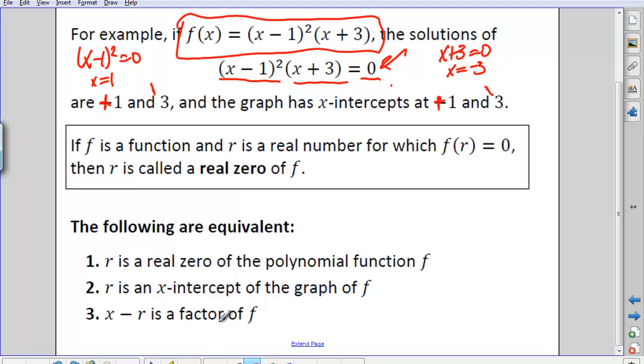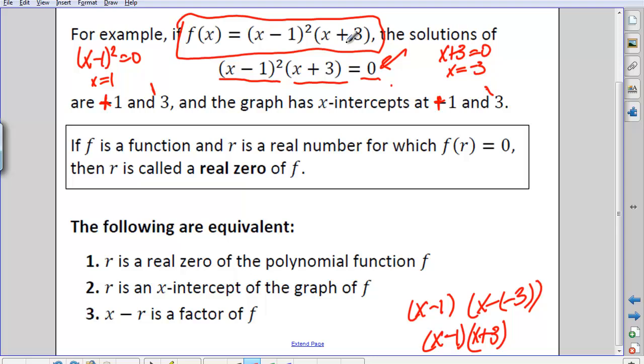So again, if 1 is a 0, then x minus 1 is some factor of that polynomial, and if -3 is a 0, then x minus negative 3 is also a factor of that polynomial, which isn't that what we had to start with for our two factors up here, x minus 1 and x plus 3.